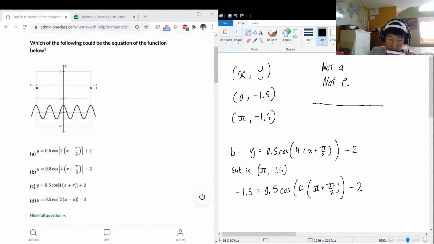So the cosine of 4 times 3 pi over 2 is 1, times 0.5 is 0.5. Minus 2 is negative 1.5. So we're probably good on that, but that doesn't necessarily mean that we can disqualify D.